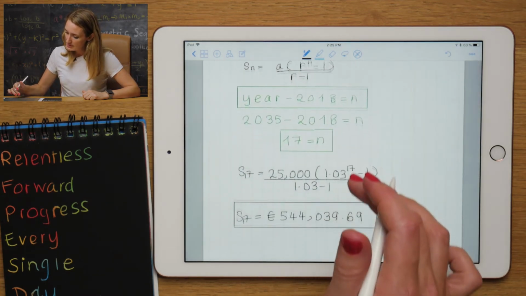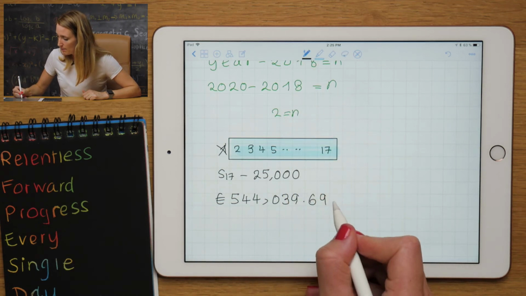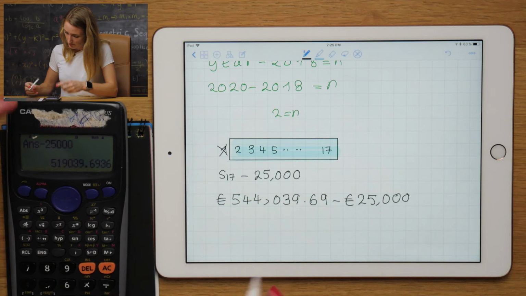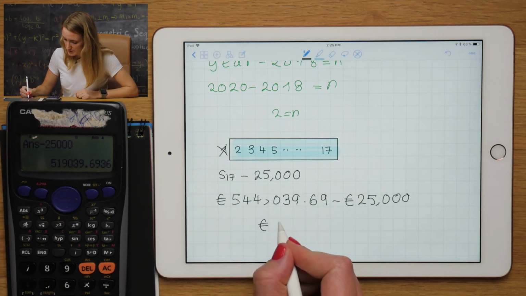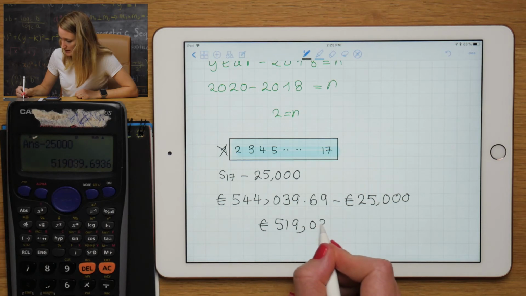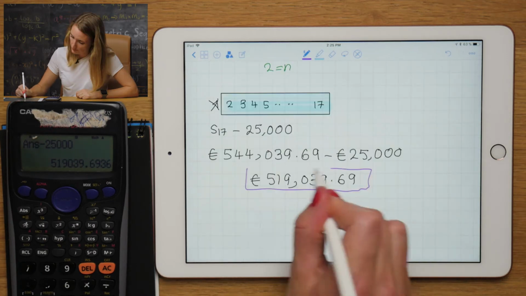So S17, we had this number here, S17 minus 25,000. So the total was 519,039 euros and 69 cents.